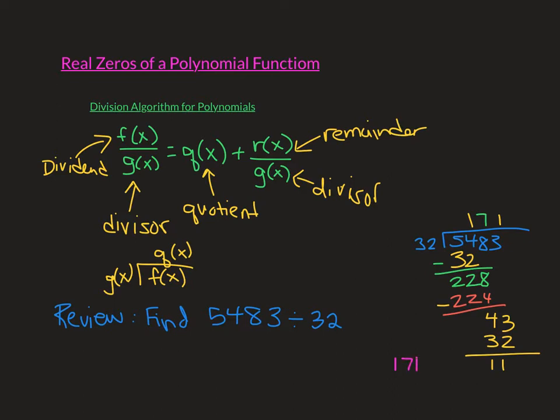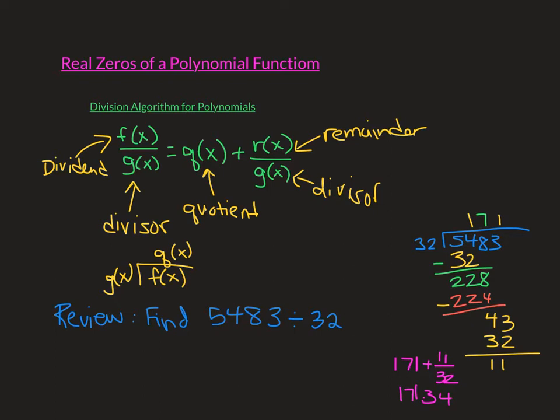Remember, we write that as 171 plus 11 over 32. If you use your calculator to divide this out, you end up getting 171.344. That 0.34 that you get is actually equivalent to 11 over 32.